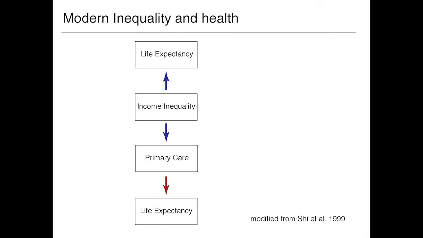And this arrow pointing directly from this box to this box means that it goes down as a direct effect of income inequality. Presumably, this is because of poor environmental quality in the places where individuals in more impoverished neighborhoods are living. But there's also an indirect effect mediated by primary care, which also decreases life expectancy. So you have reduced access to health care, which reduces your life expectancy, reduces your overall quality of life.